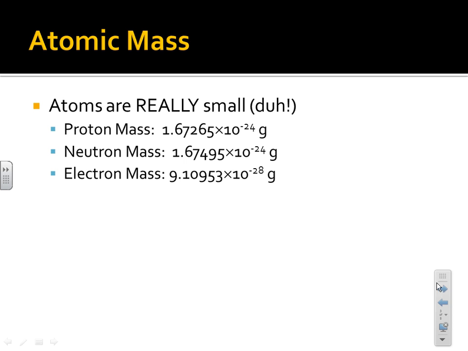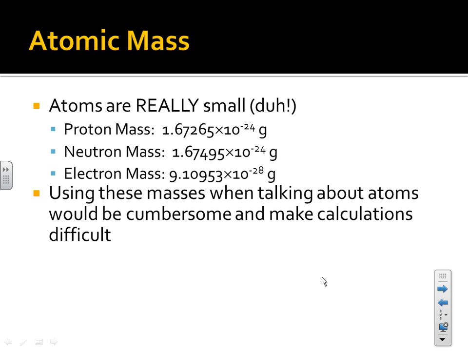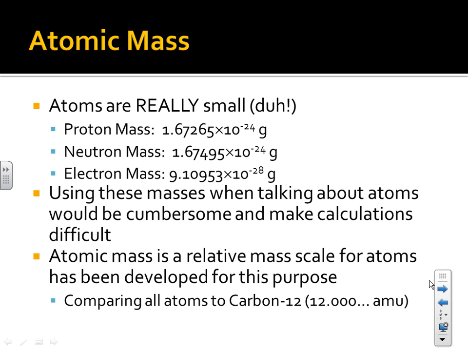And that's why we developed this idea of atomic masses. So instead of comparing atoms in grams, we compare them all in relation to carbon-12. How big is it compared to carbon-12? Is it 2 times as big, 3 times as big, half as big, whatever? That becomes a little bit more confusing because for our standard, carbon-12, we didn't assign the value 1.